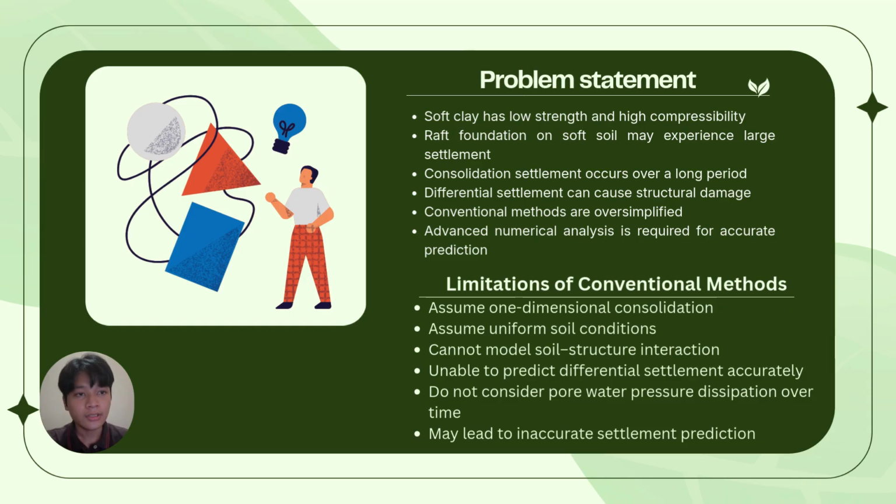It assumes one-dimensional consolidation, and it assumes the soil has uniform conditions. Next, it cannot model soil-structure interaction, and it is unable to predict the differential settlement accurately. It also does not consider the pore water pressure dissipating over time, so it may lead to inaccurate settlement prediction.